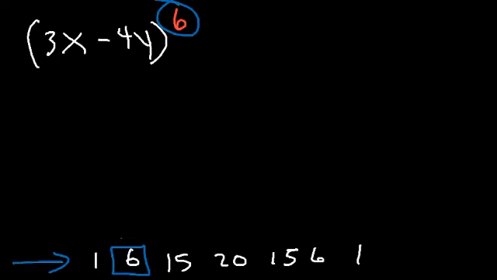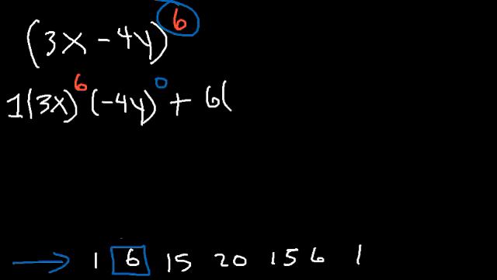So let's begin. For the first term, it's going to be 1 times 3x raised to the 6th power times negative 4y raised to the 0 power, plus the next one is going to be 6 times 3x raised to the 5th power times negative 4y raised to the 1st power, and then plus 15 times 3x raised to the 4th power times negative 4y raised to the 2nd power.